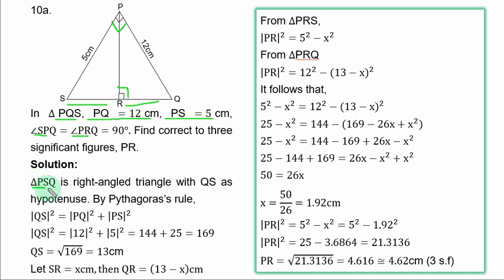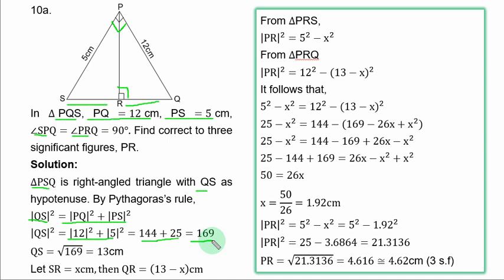Solution. In triangle PSQ, triangle PSQ is a right angle triangle with QS as hypotenuse. So by Pythagoras rule, you have the square on QS is equal to the sum of squares on the other two sides, and that is QS squared equal to 12 squared plus 5 squared, that is 144 plus 25, and you have 169.